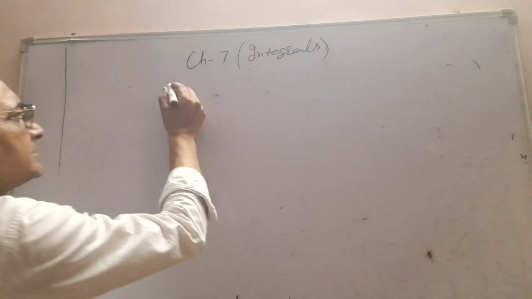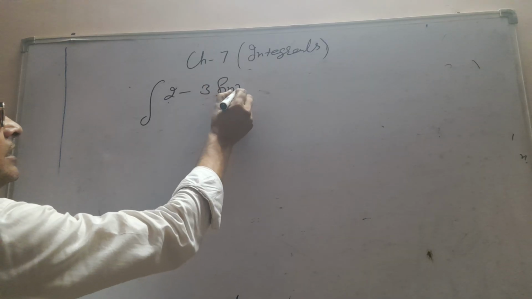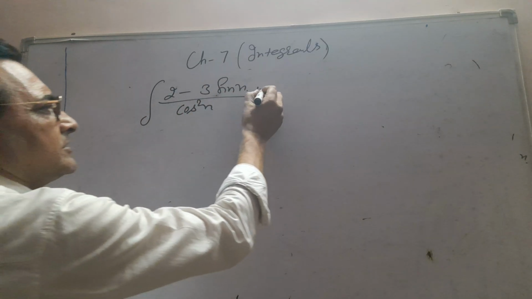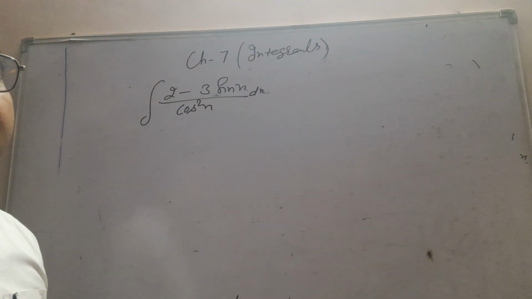Here the question is integration of 2 minus 3 sin x upon cos square x. Again this is a new question. But here we can separate the terms.